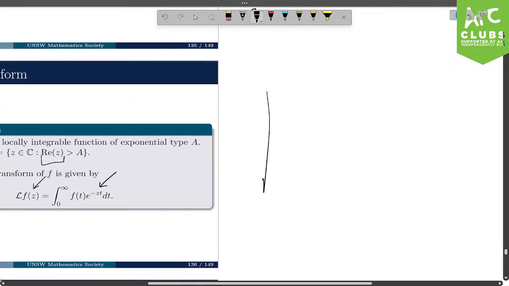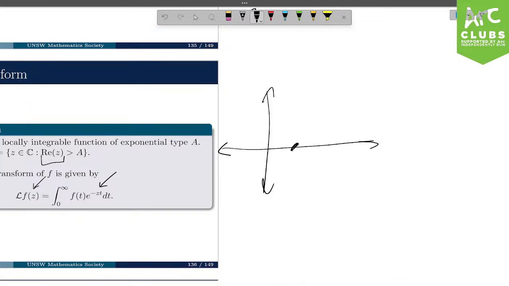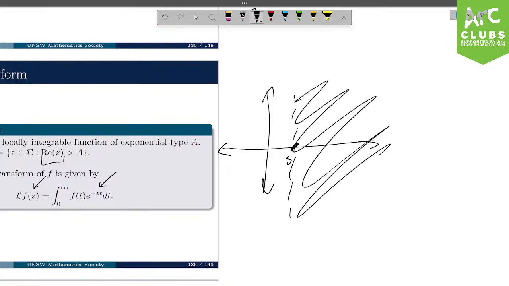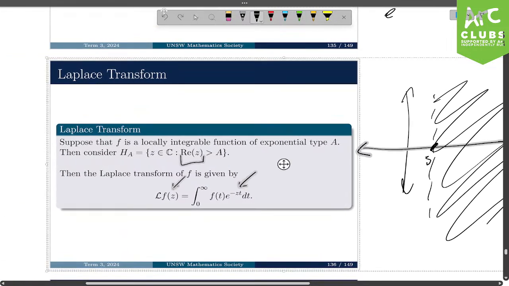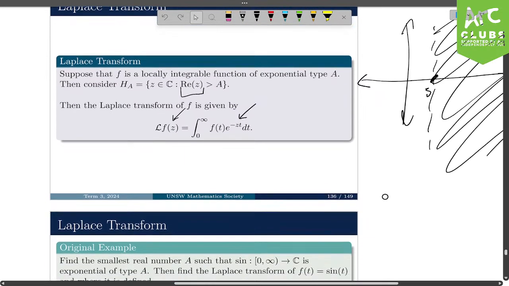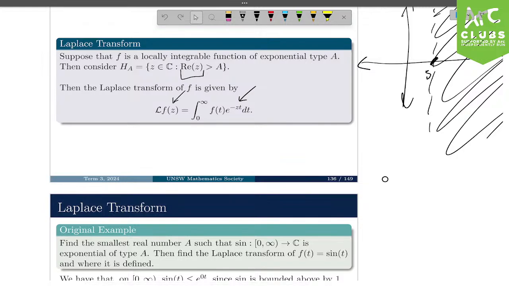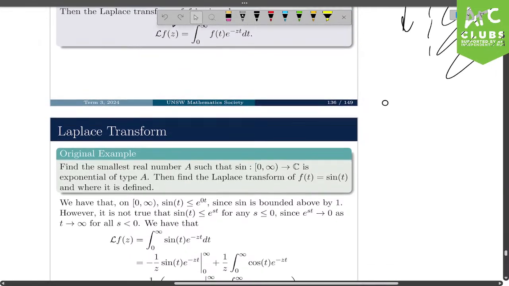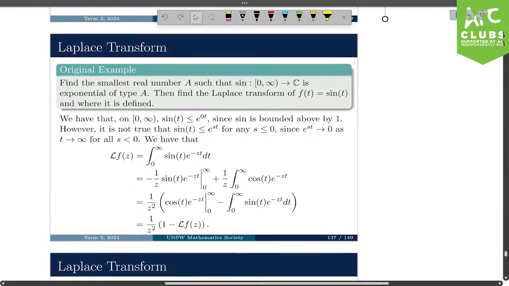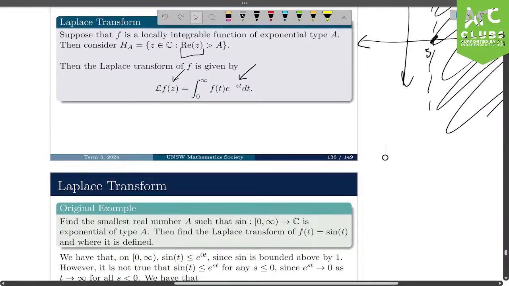Let's just graphically describe this. If I get a as 3, over this region to the right, what we observe is that this function holds for the Laplace transform. And it has a lot of properties, which is the reason why we use it. We don't really care too much about what it actually does as of right now, but let's see what it does.